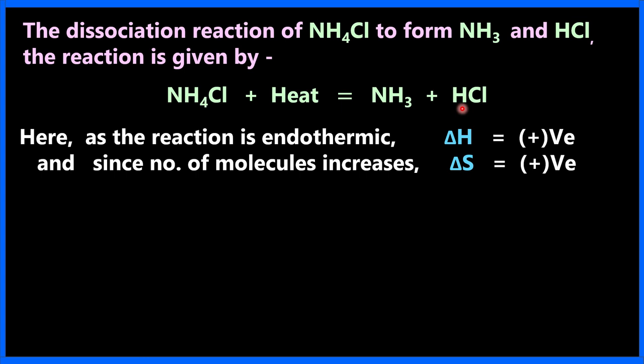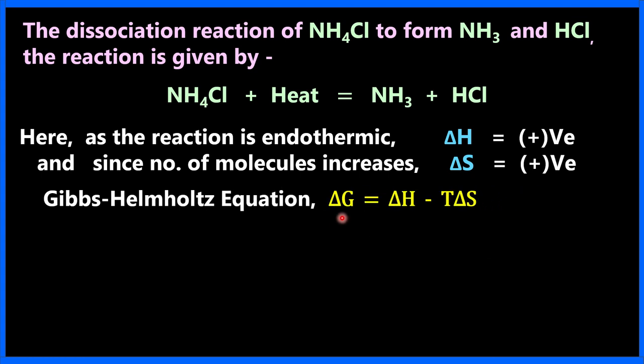As a result, entropy should be positive for this reaction, that is delta S is a positive quantity. Therefore, in this reaction, both delta H and delta S are positive quantities. Now, from Gibbs Helmholtz equation, we know that delta G is equal to delta H minus T into delta S.